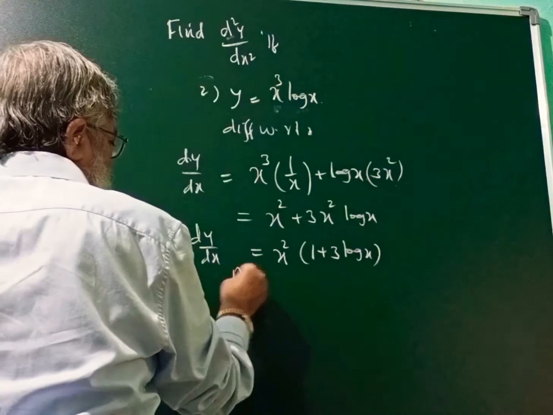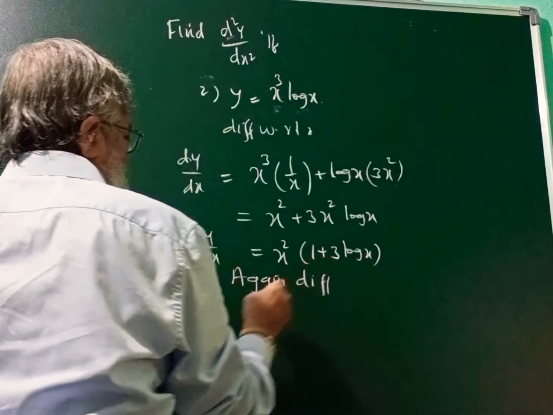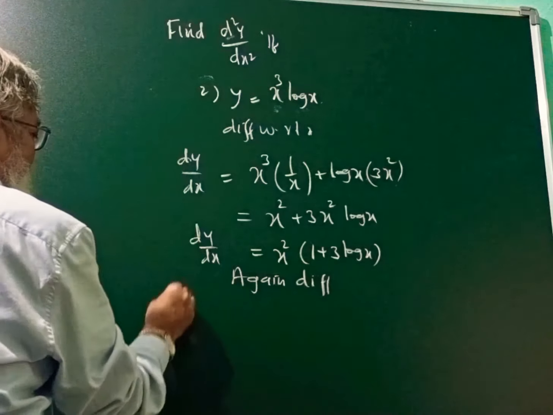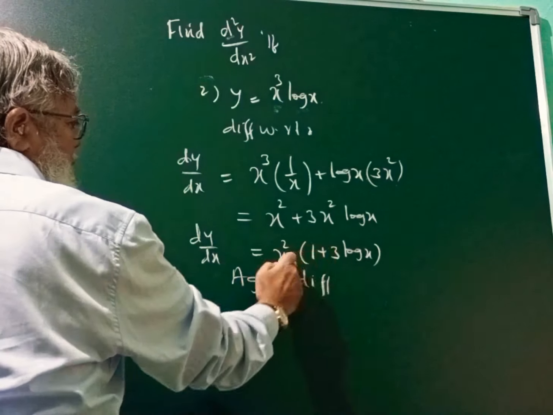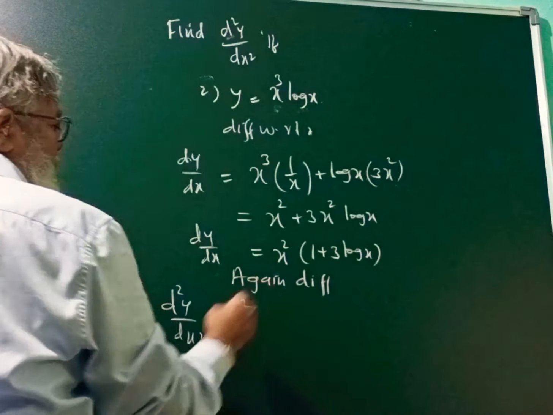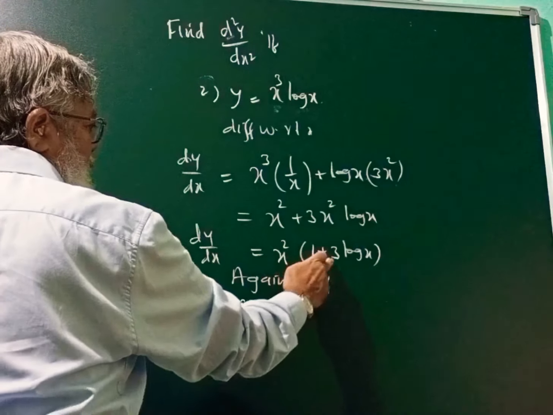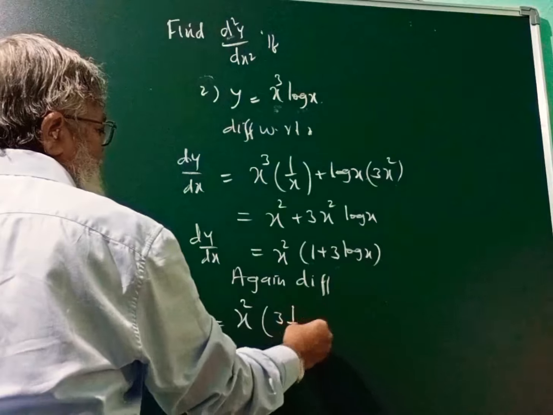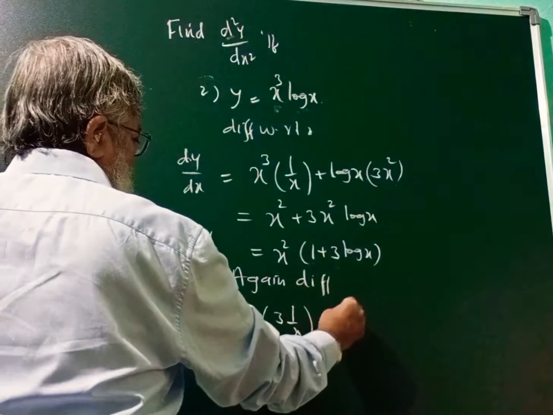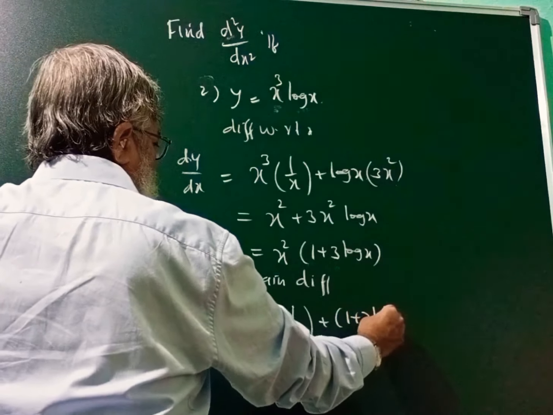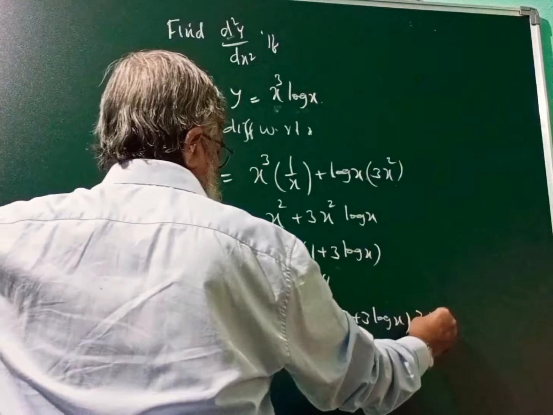Again differentiating, it is d square y by dx square. Product rule again we have to apply. First function as it is, differentiation of this bracket, 1 is 0, 3 into differentiation of log x is 1 by x, plus 1 plus 3 log x as it is, differentiation of first function, that is 2x.